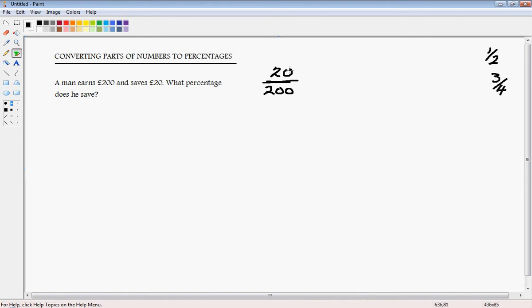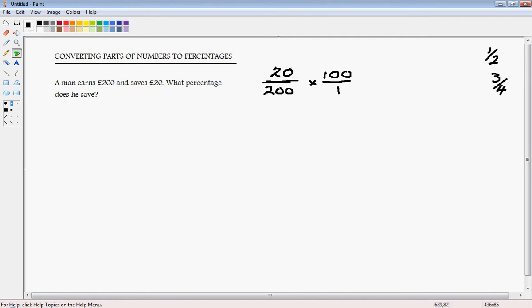Okay, so because we know that, we can write this as a fraction. Now, as soon as it says what percentage, we multiply by 100 over 1. Okay, so we've now got this calculation to do.